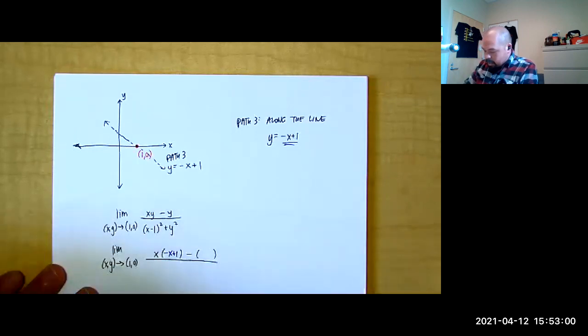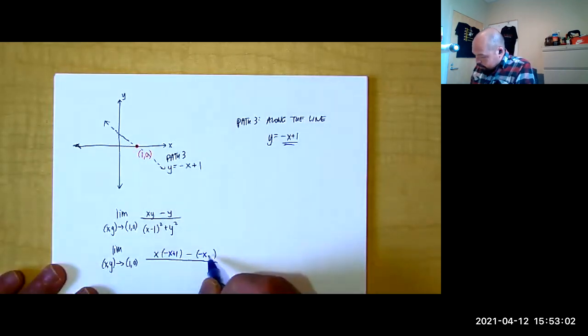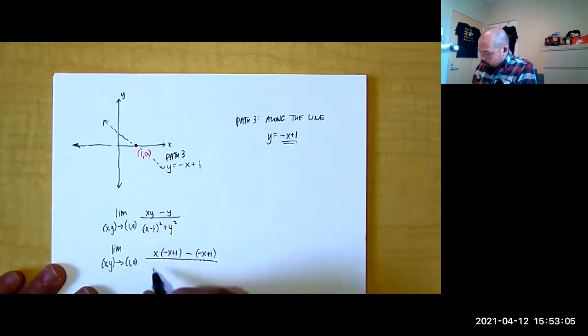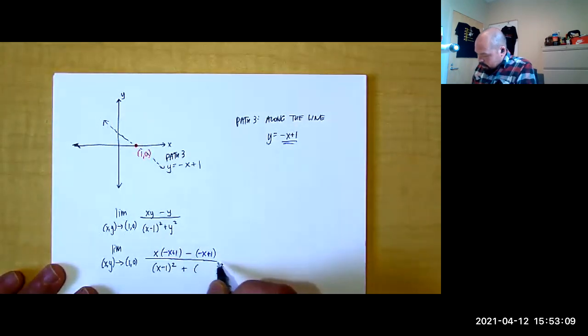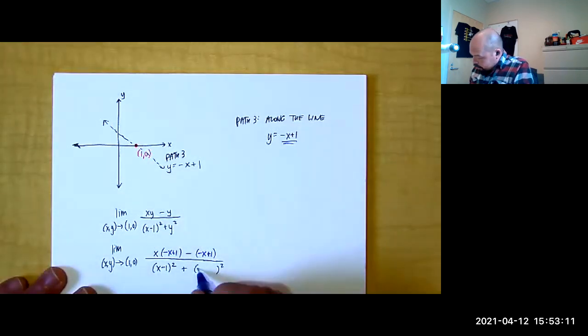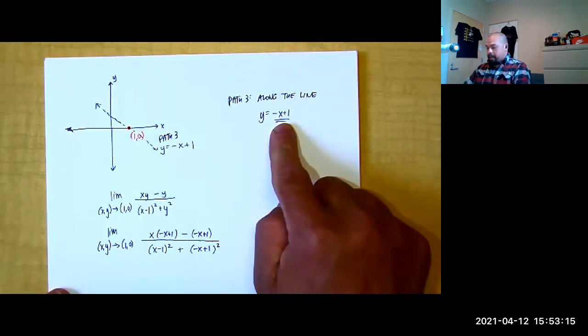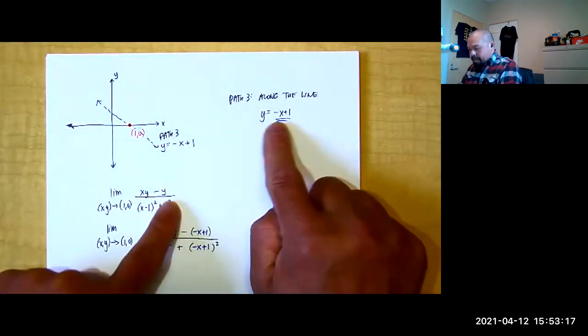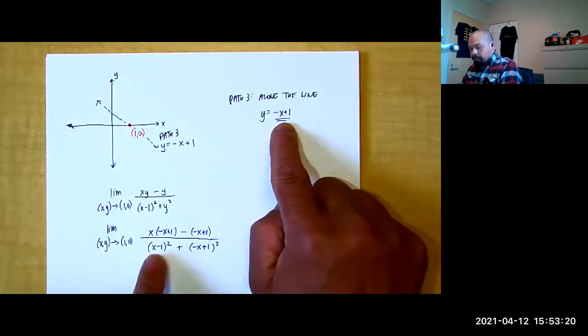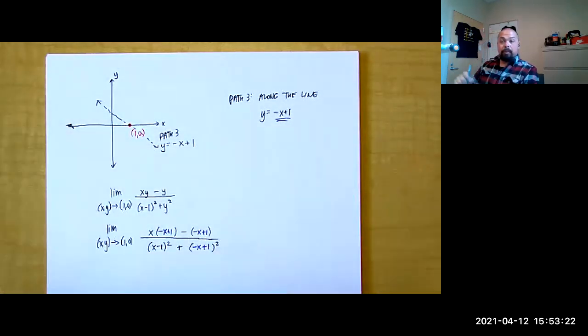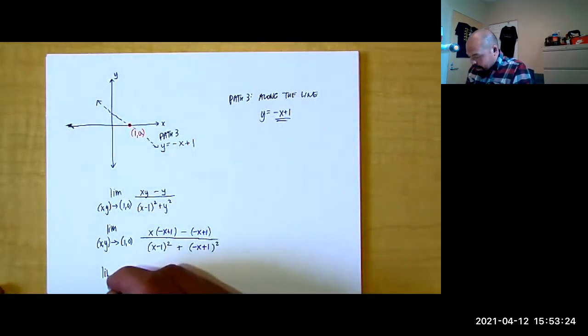Minus y, negative x plus 1, over (x minus 1) squared plus (negative x plus 1) squared, right? So along that line, y is equal to negative x plus 1. So replacing that relationship in, x can be anything.